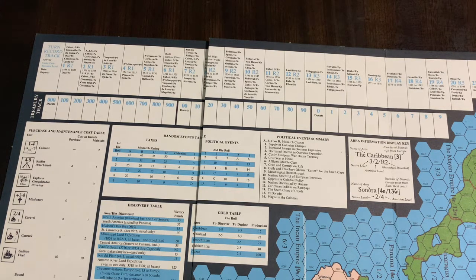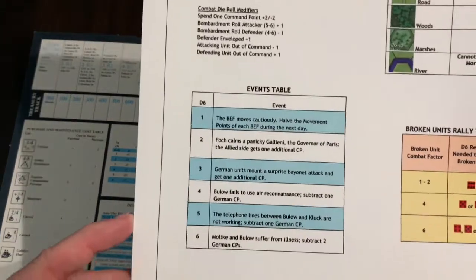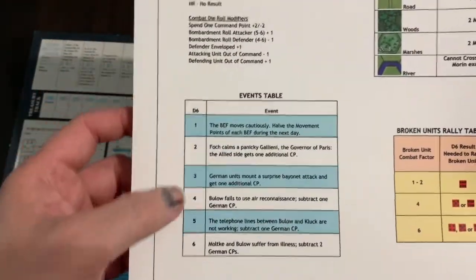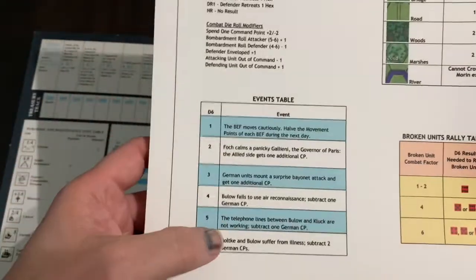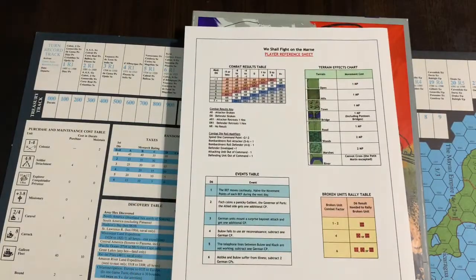Some examples from my collection, from here, We Shall Fight on the Marne. Here's a pretty simple random event table. It's just a six-sided die, and then you roll, and it affects gameplay in some fashion.